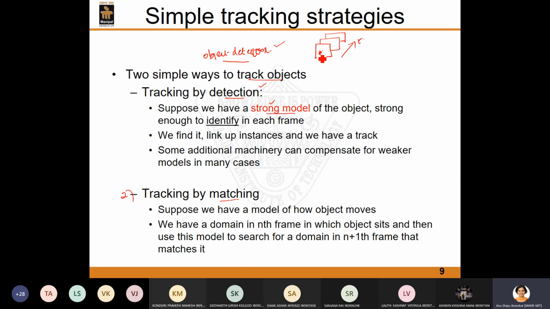Once you have this initial guess, in the next frame you try to look at the neighborhood and see whether it matches what has been detected in the first frame.